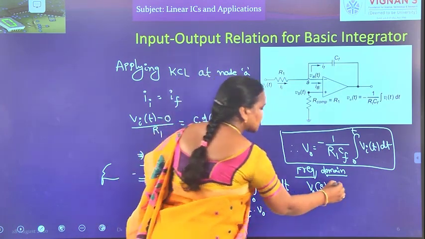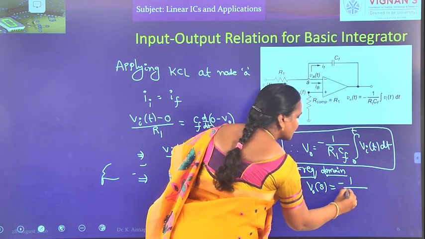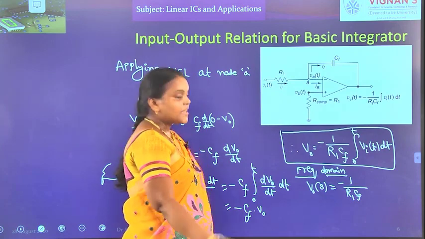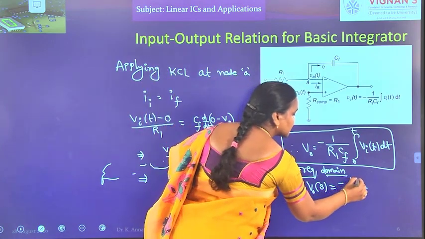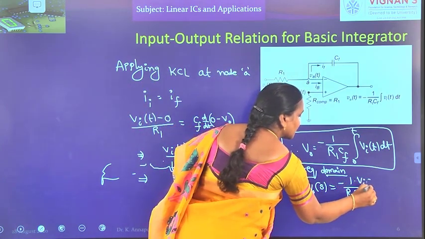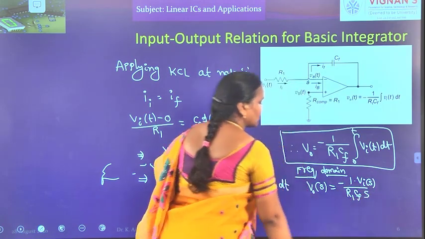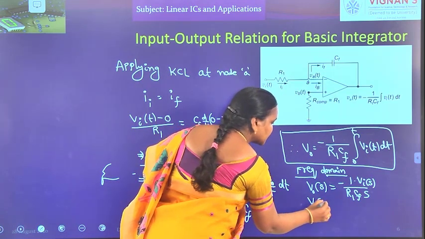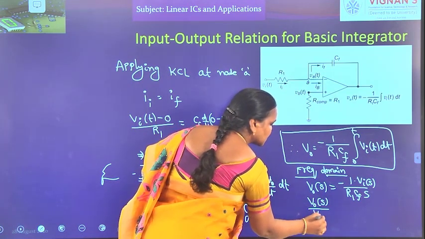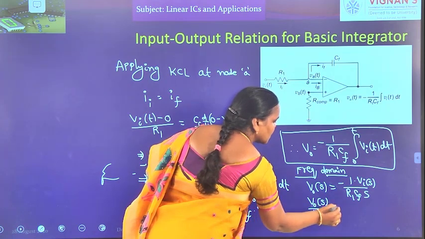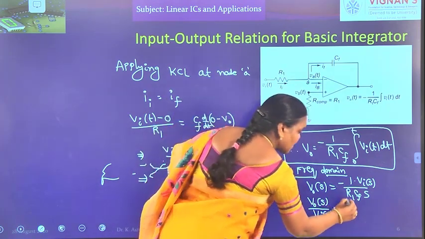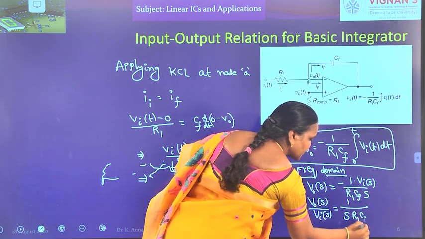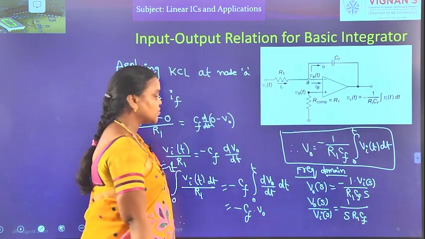So, V naught of s is equal to minus 1 by R1 CF, and the integration of Vi of t means Vi of s by s. So, what is the transfer function now? V naught of s by Vi of s is 1 by s R1 CF. What is s? It is j omega.